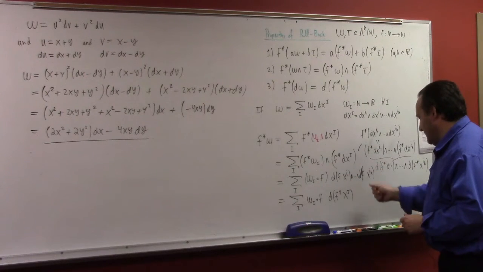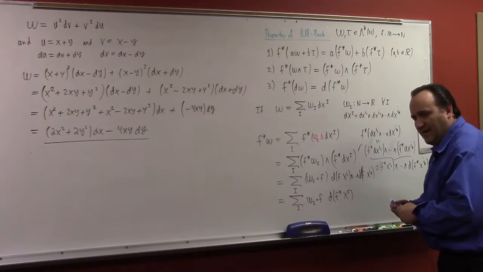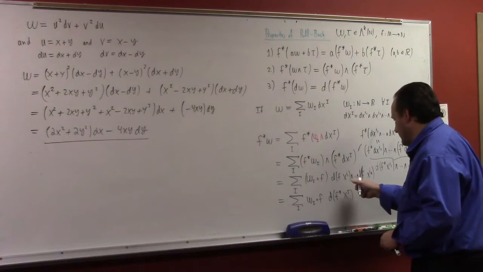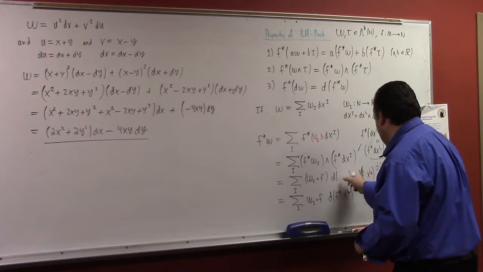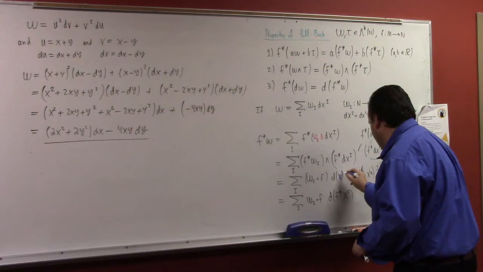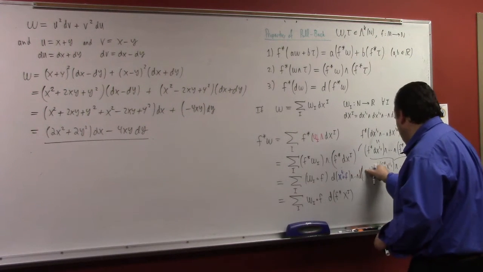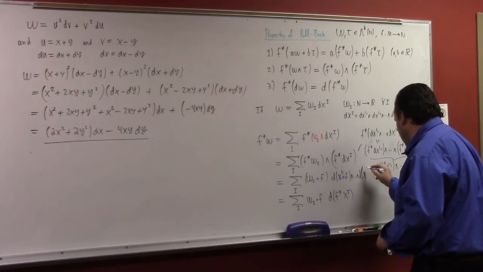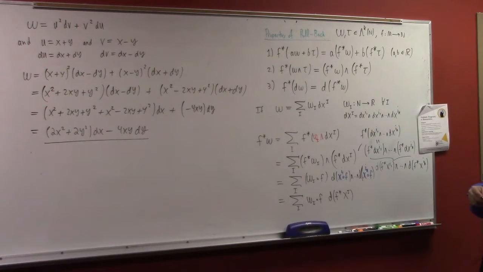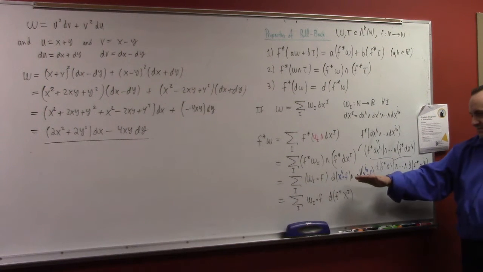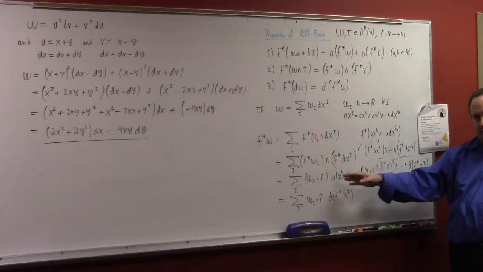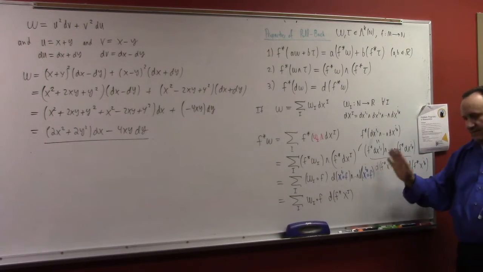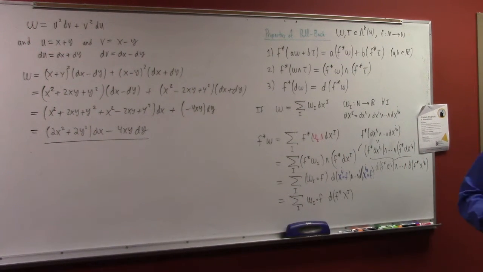I should have emphasized what that is. That is just composition of xi with f, right? Which is really just a fancy way of saying the I1th component function of f, the ikth component function of f.